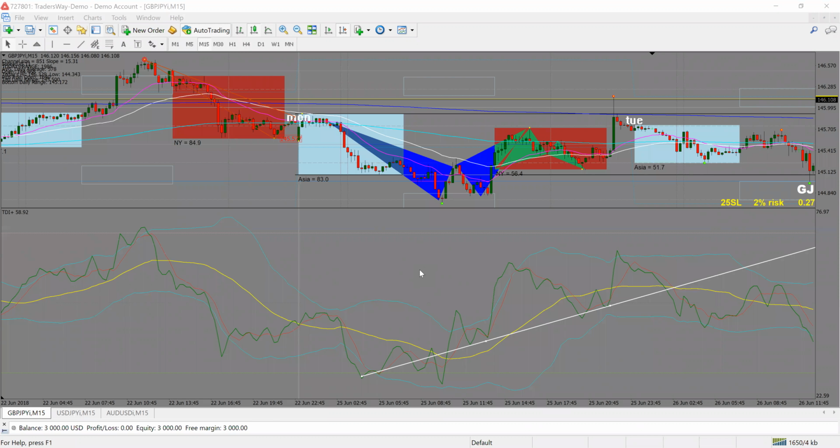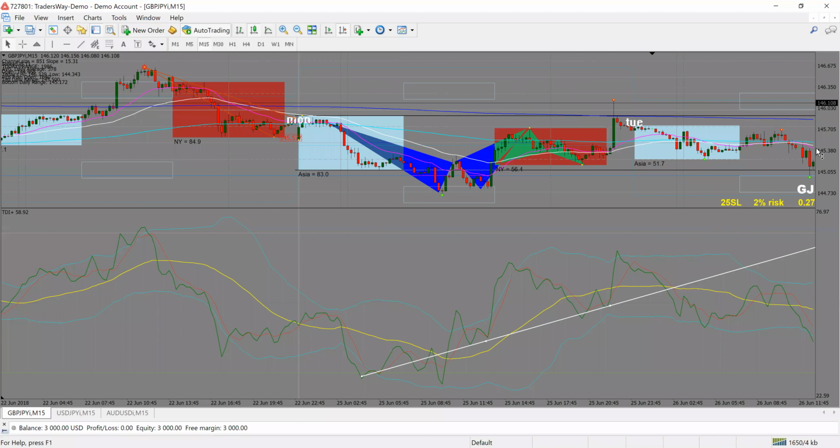About the divergence, it will be better to draw it from the low of the day, right? Yeah, you can draw it from the low of the day. See, the low of the day is right here. But usually, on the TDI, when you notice it comes out of the TDI, that's where I draw a lot of my divergence from.